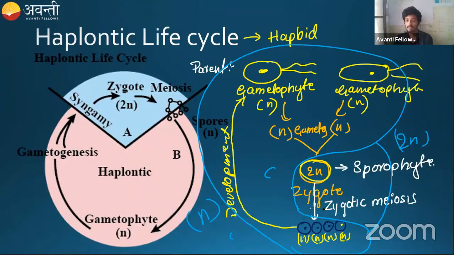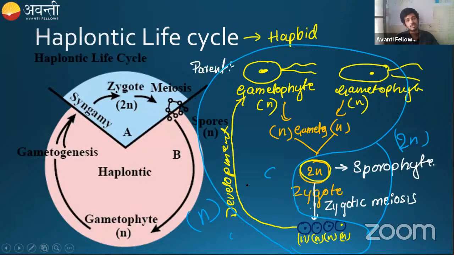This sporophyte will go through zygotic meiosis and give rise to four cells, all of them haploid. These will again develop into new gametophytes. So here the haploid stage is more common. That's why it's called haplontic.